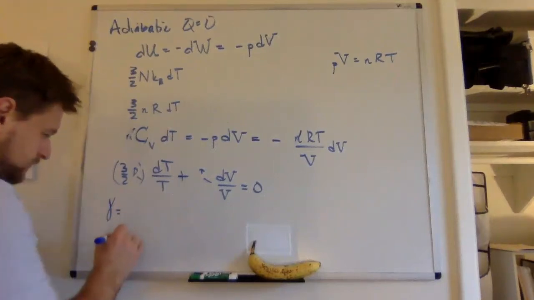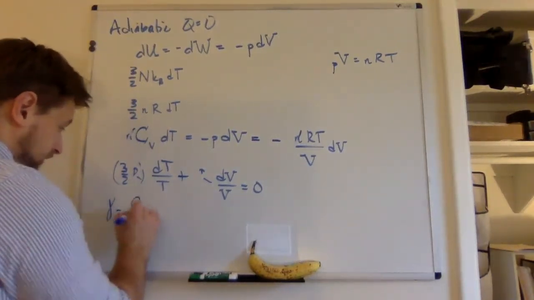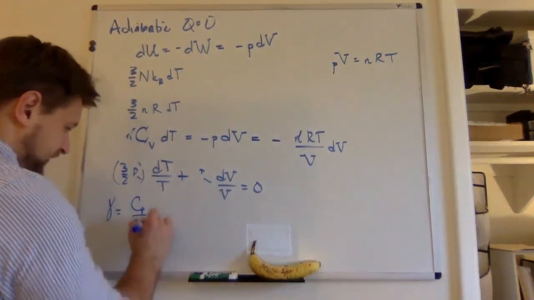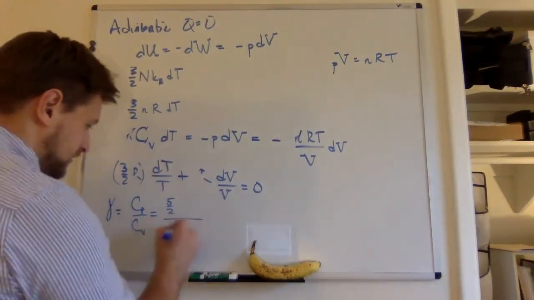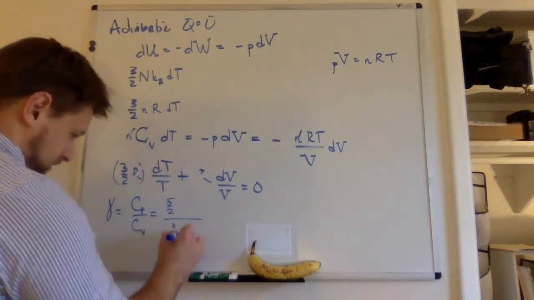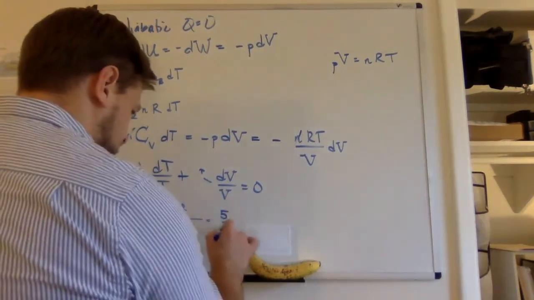Gamma for a monatomic ideal gas is the ratio of C_P to C_V, which for monatomic would be 5 halves R over 3 halves R. So that's 5 halves.